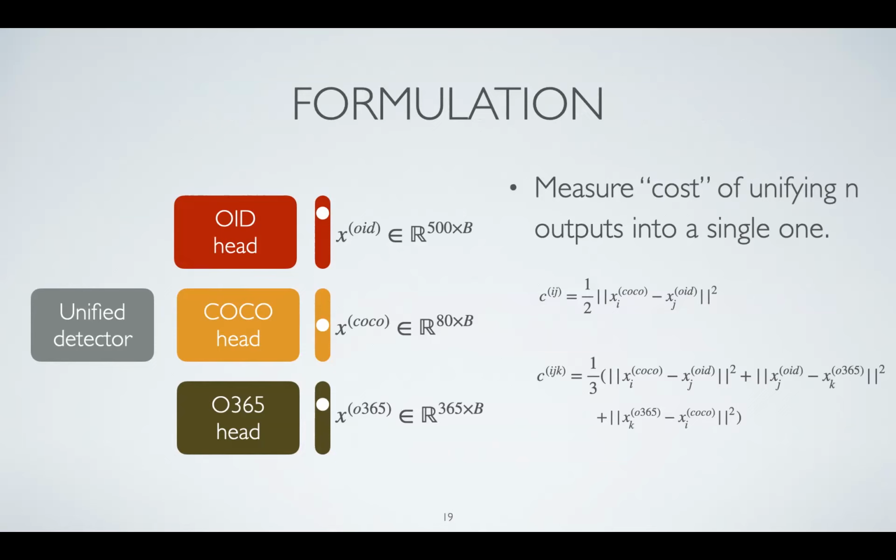Note that the network predicts a score vector for all bounding boxes, and we just put all the predicted bounding boxes together and concatenate them to compute the average error. And the cost to merge 3 categories is the average pairwise prediction difference of all the 3 pairs. We can generalize this to more categories efficiently.